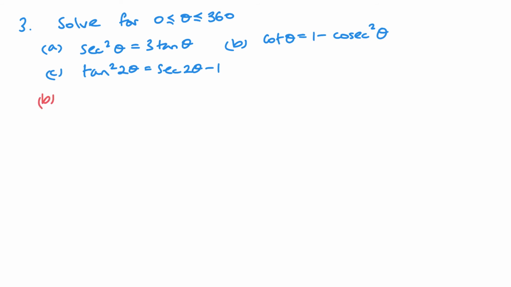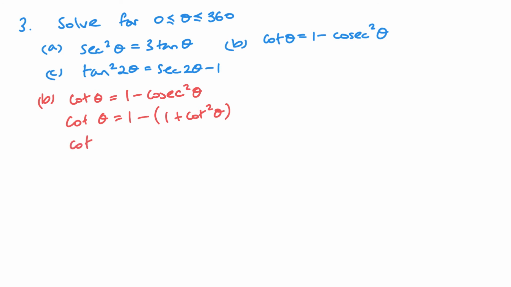So part B, cot theta equals 1 minus cosec squared theta. Now remember, we want to change the squared term to match my non-squared term there. So cosec squared is 1 plus cot squared theta.